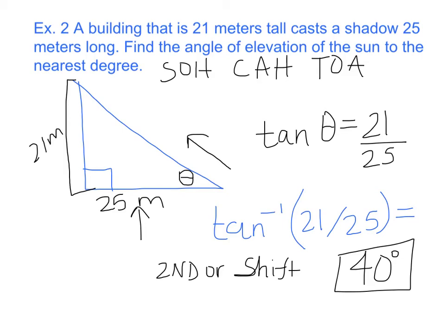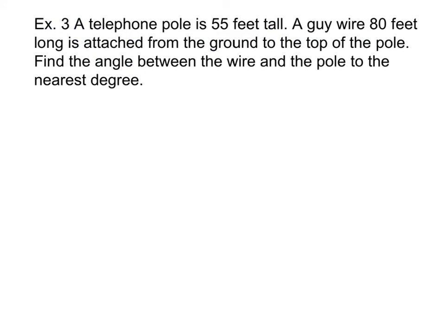So if you have to find the angle, you have to use the inverse symbol or the inverse key. This example, a telephone pole is 55 feet tall. A guy wire, 80 feet long, is attached from the ground to the top of the pole. Find the angle between the wire and the pole to the nearest degree. So drawing my right triangle again.